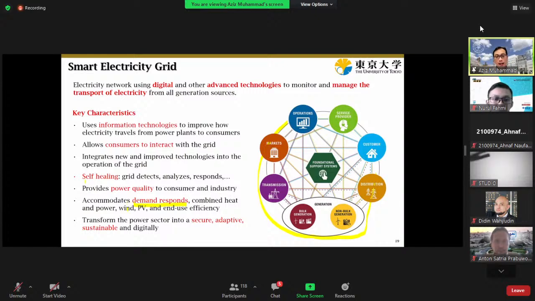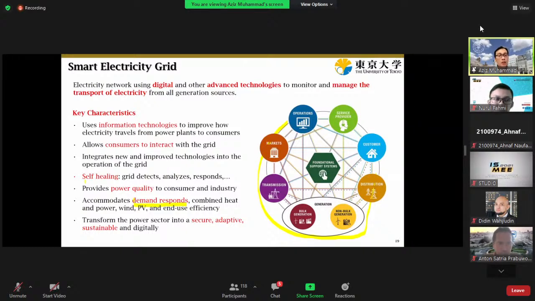And dealing with behavior change in energy consumption and production, we also have demand response technology. So currently, we as consumers need to have active, dynamic behavior change. The price of electricity may change dynamically over time.